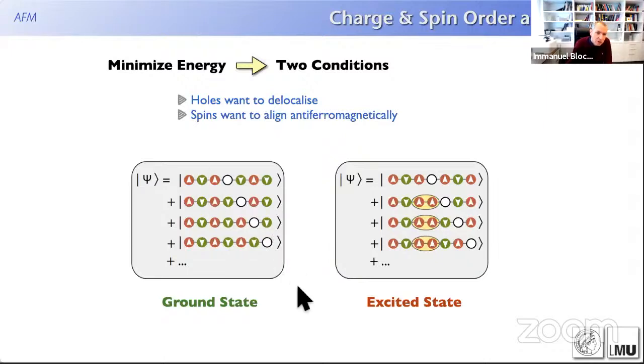So it's in the superposition of being everywhere. But note that in the ground state of this system, it's favorable to have antiferromagnetic alignment around holes. Why is that? Well, imagine that this particle moves in here, over here, then of course it would be much more favorable for this particle to be oppositely aligned to this one to minimize magnetic energy cost. Okay, so this is the ground state of the system. This would be the first excited state, for example, but this is how the ground state of that system looks like.